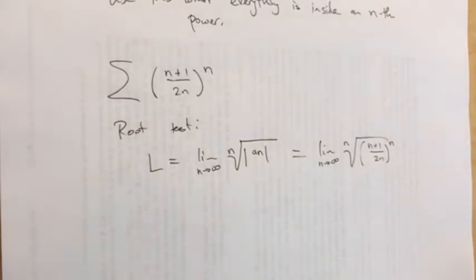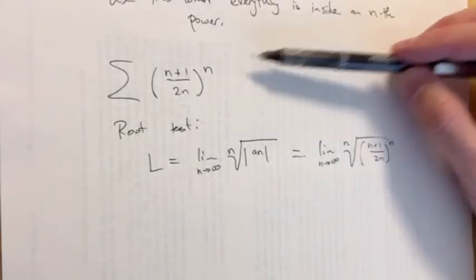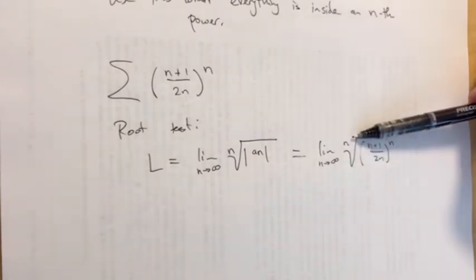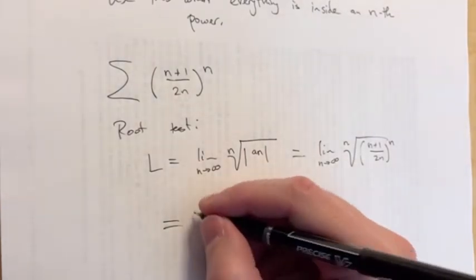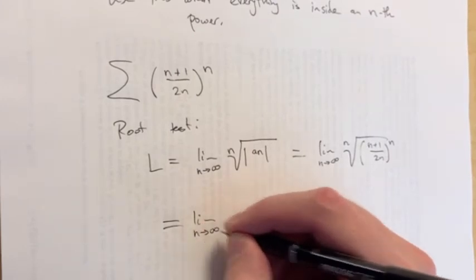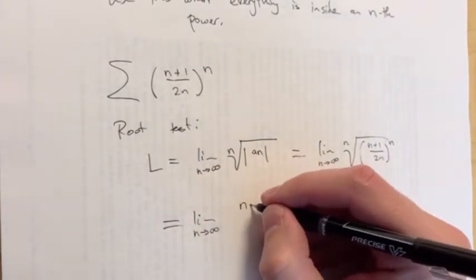And the nth root will cancel the power n on the inside. This is the whole point of the root test, it's used in this kind of situation because you need this nth root here to cancel the power of n on the inside. What happens when you cancel the power of n on the inside? All you get is just that original fraction. So it now says the limit as n goes to infinity of just that fraction, n plus 1 over 2n.